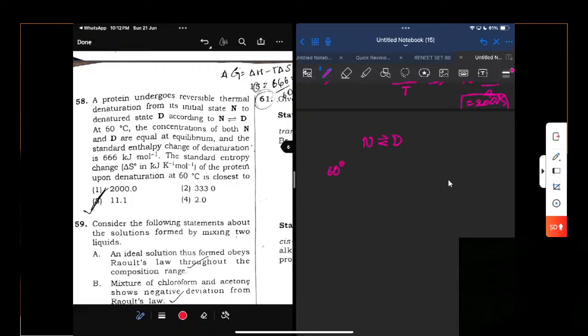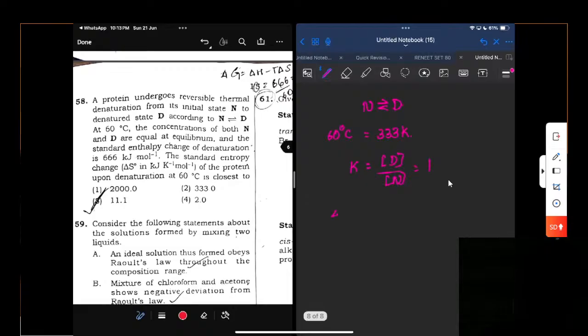60 degrees Celsius, if I convert this into Kelvin, I get 333 Kelvin. At this point the concentrations of N and D are equal, so the equilibrium constant K is equal to concentration of D divided by concentration of N, which is 1.